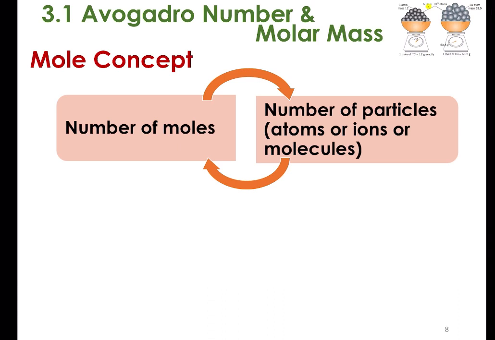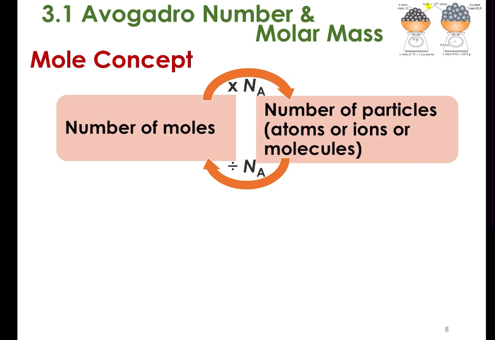So, in order for you to calculate, you have to use this interchangeable formula, where you can see here, number of mole times N_A gives the number of particles, or number of particles divided by N_A gives the number of moles.